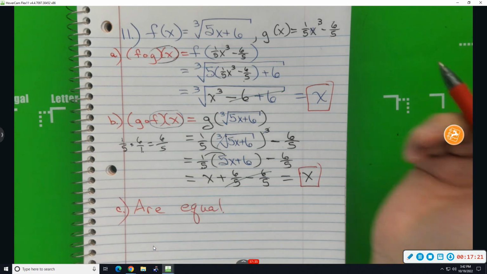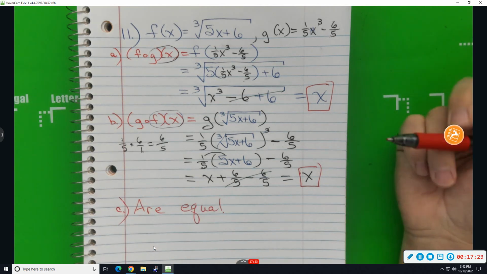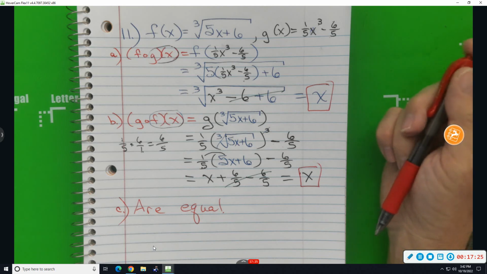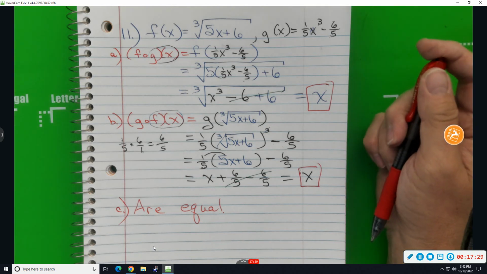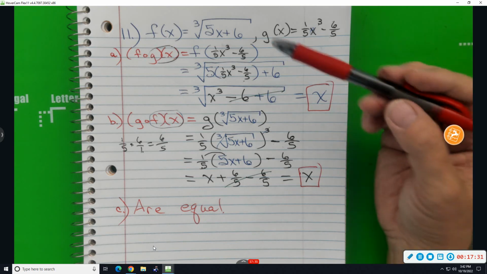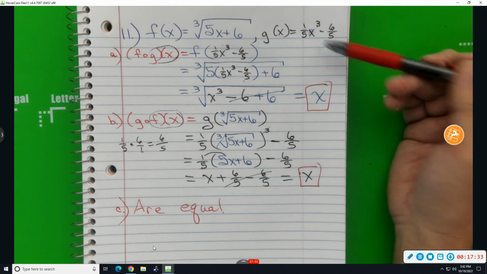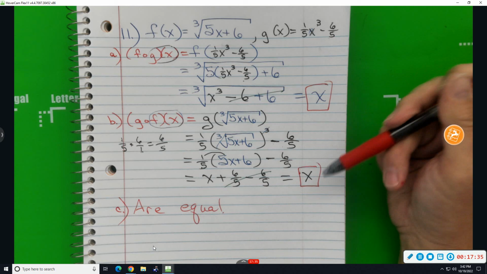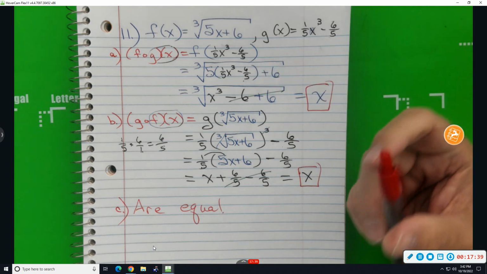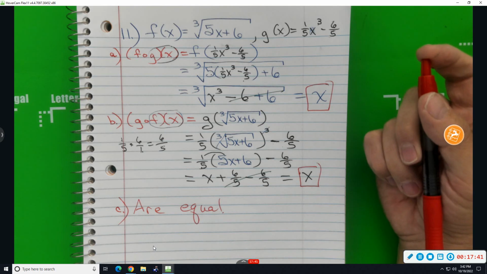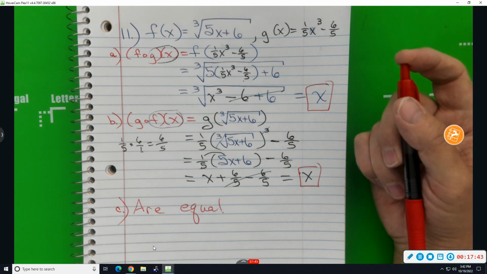Once again, problems 10 and 11 are just trying to get you ready for the definition of inverse function that we'll be seeing very soon. Two functions are said to be inverses if their compositions reduce to x in both directions. If you take their compositions and everything cancels out except for x, the things are inverses.